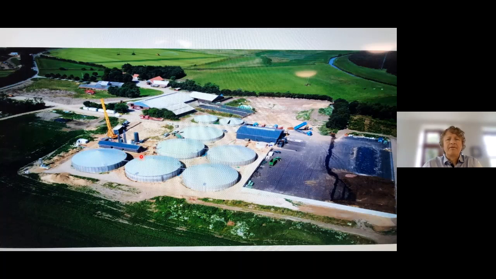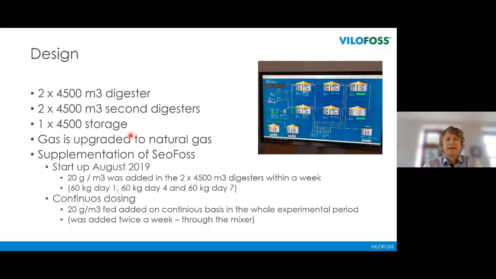At this plant, they have an upgrading system, so they are upgrading the biogas here, and then it's distributed in the pipes for the natural gas, which is spread around the country. So the size of this place consists of these 2 times 4,500 cubic meter digesters, and the same size for the second digesters, and the storage here.